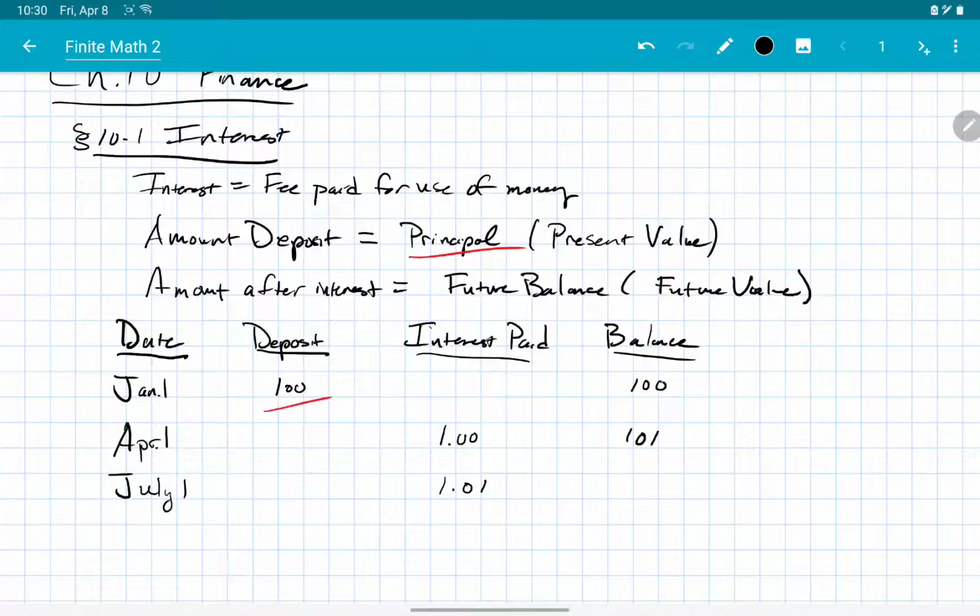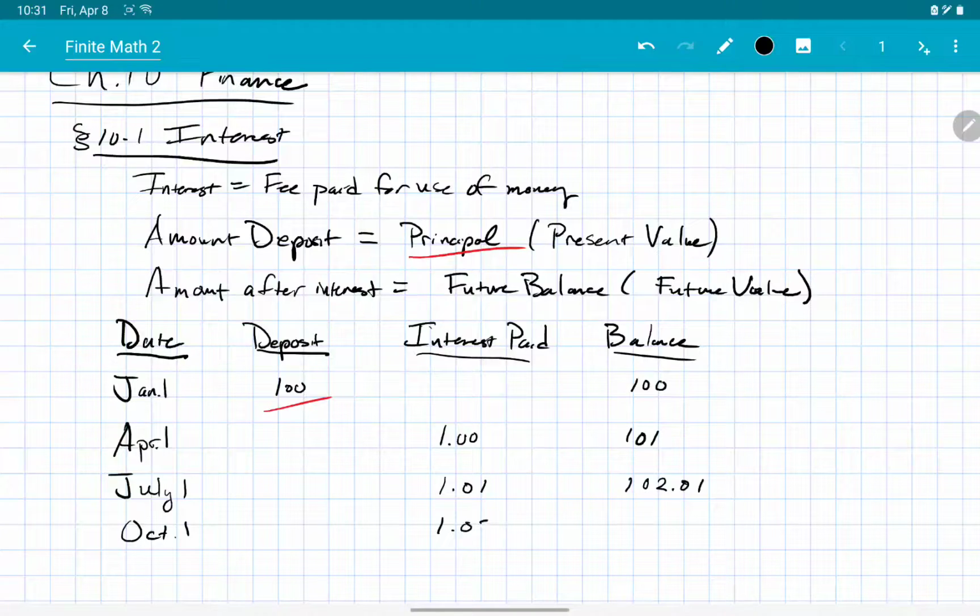Why is that? Well, it looks like each quarter you're getting a 1% interest payment, and the first balance was $100, so 1% of 100 is 1, but 1% of 101 is not 1, but 1.01. So that's why you're getting a little more in interest this second period. And your new balance is $102.01. October 1st rolls around, and now we get another interest payment.